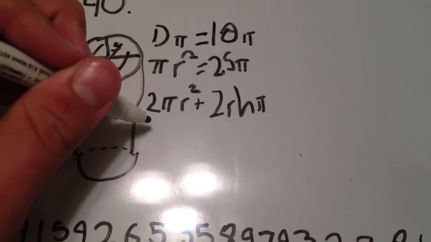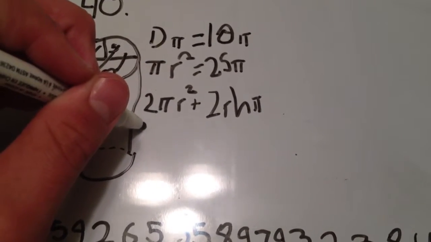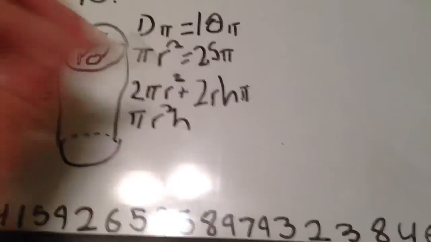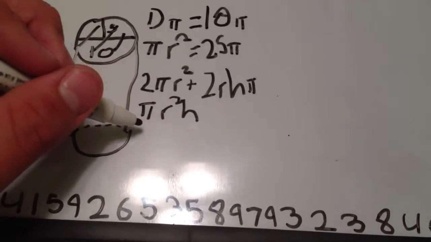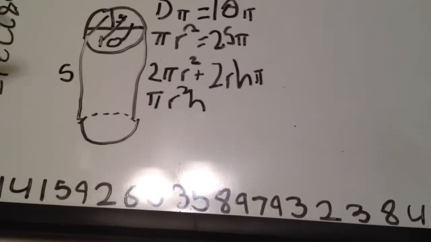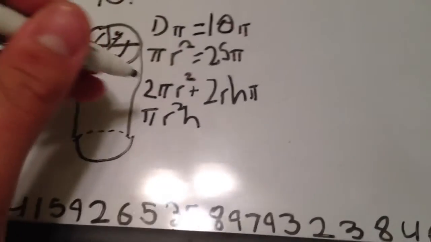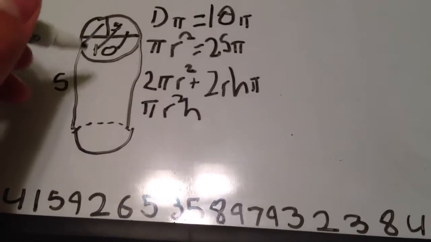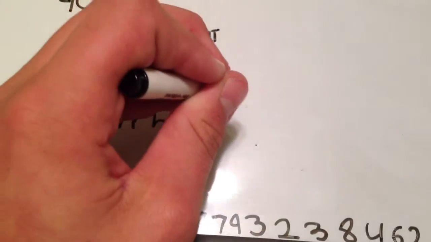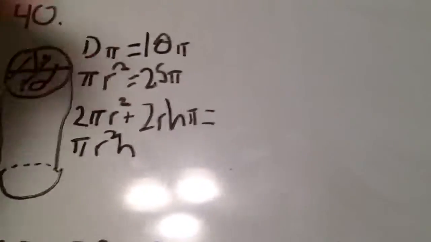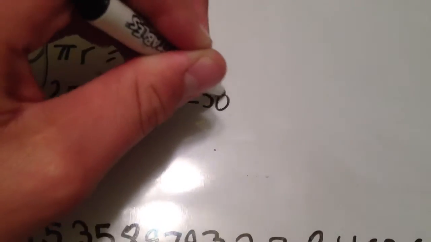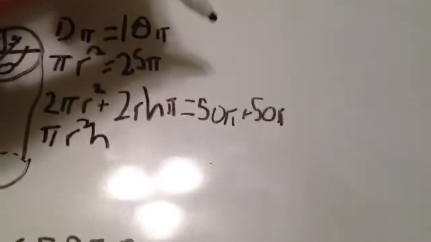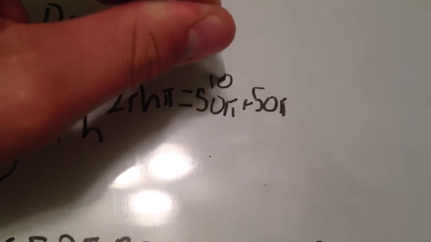Now if you wanted to find the volume, you'll use a little simpler of an equation, which would be pi radius squared times the height. This equation is pretty much just the base times the height, which is the volume for any prism that you'll come across. So, with these parameters, the equation for the surface area will be equal to 50 pi plus 50 pi, which equals 100 pi.